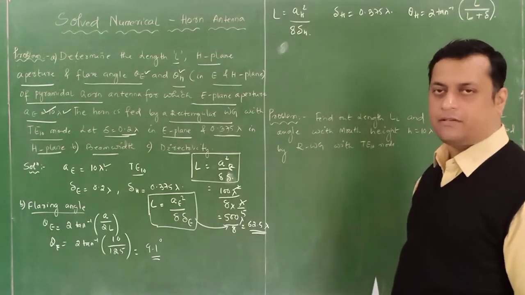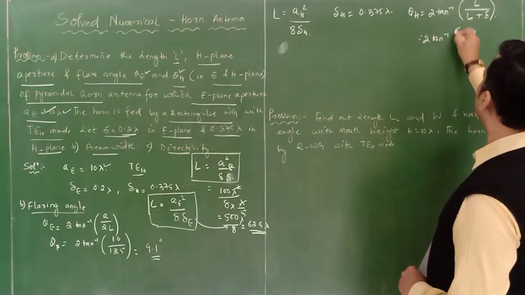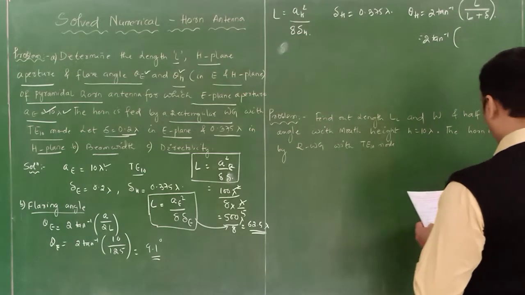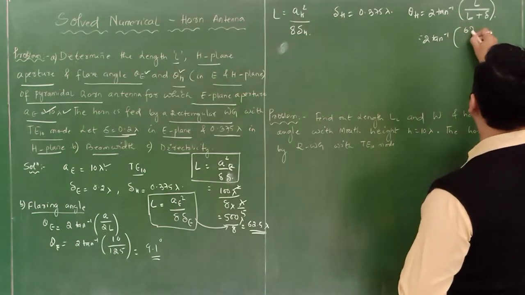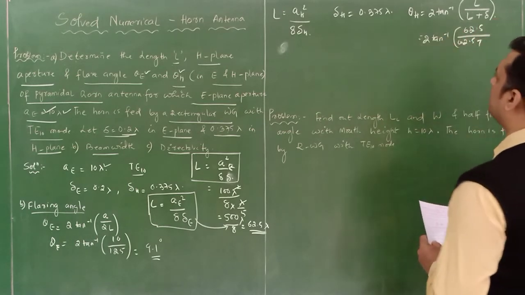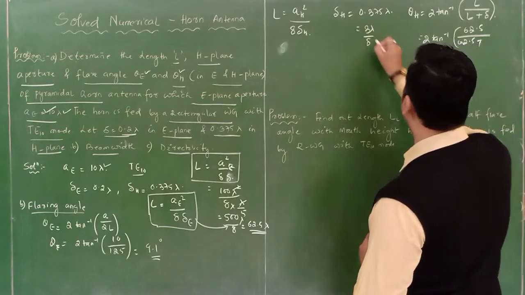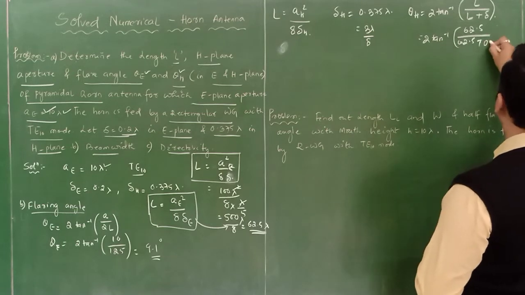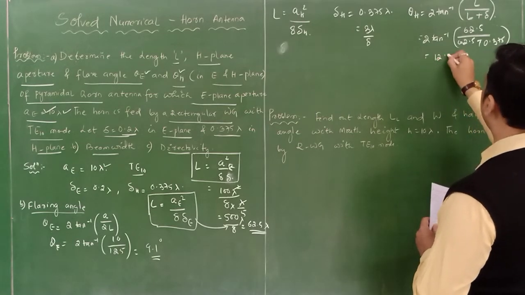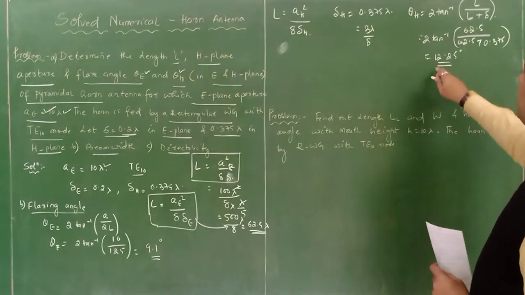This is the relation with respect to theta H. So here I will substitute tan inverse of L, where L is equal to 62.5. So 62.5 divided by 62.5 plus del, and del is around 3 lambda by 8, that is 0.375. So now this theta H we are going to get around 12.25 degrees. So theta H is this much.